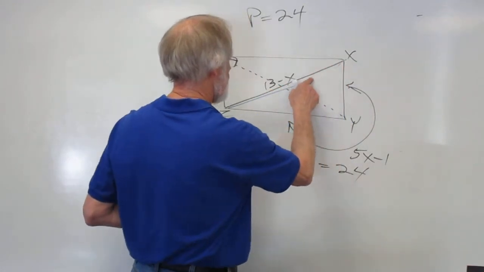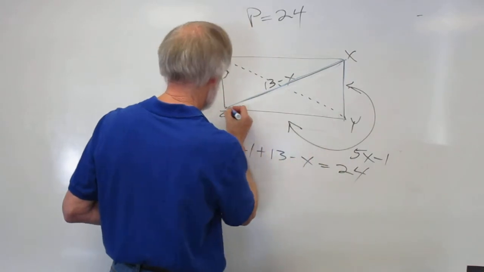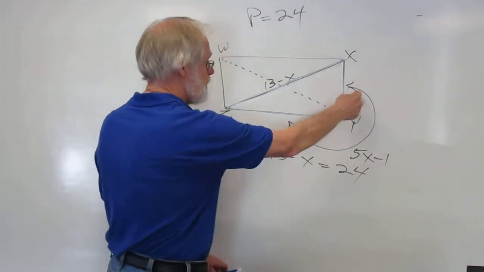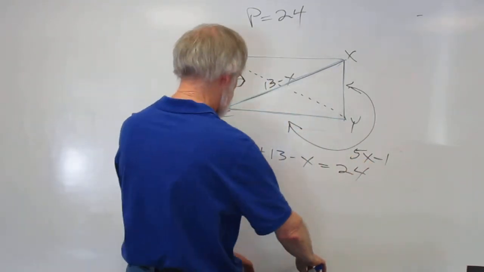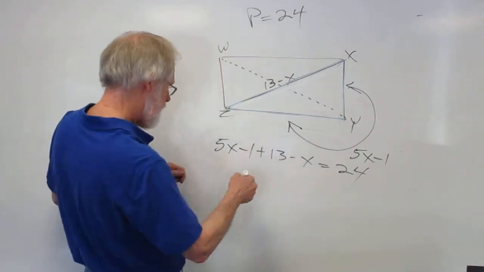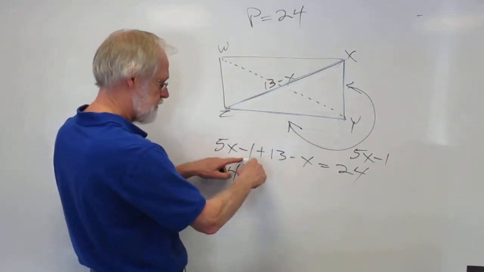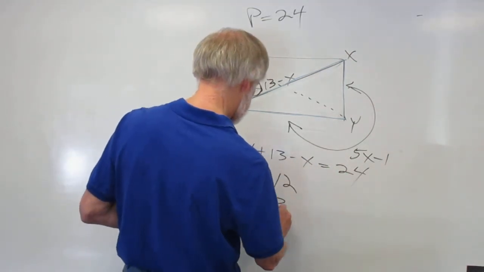Let me outline it in blue. So we have the perimeter, which is this side plus this side, 5x minus 1, plus this side, 13 minus x. We add them together, and 5x minus x is 4x. 13 minus 1 is 12, so I subtract 12 from both sides, 4x equals 12, so x equals 3.